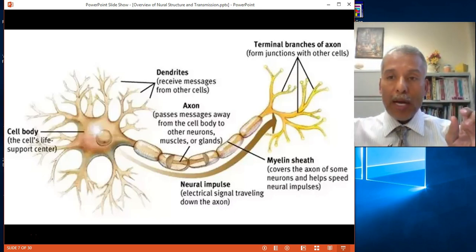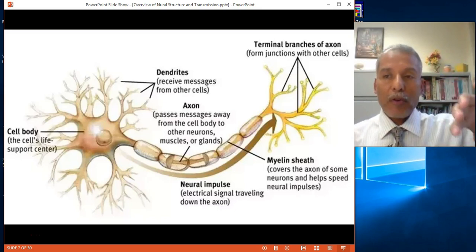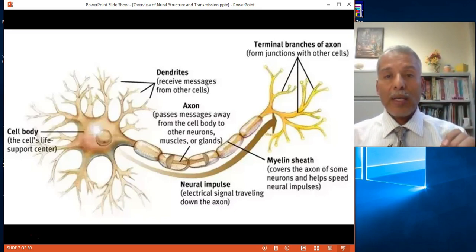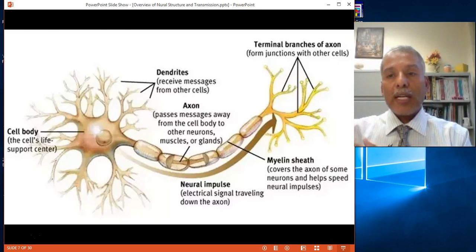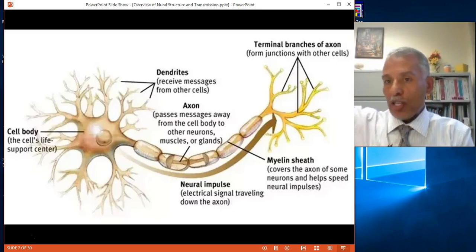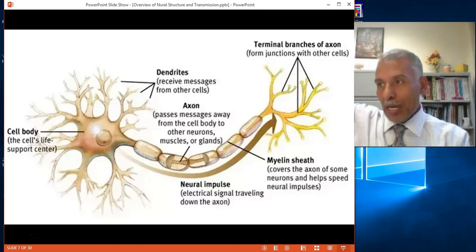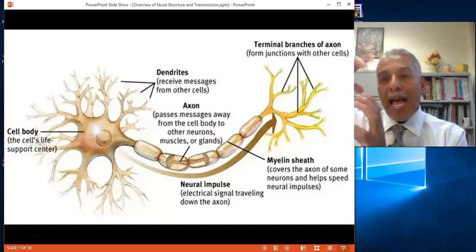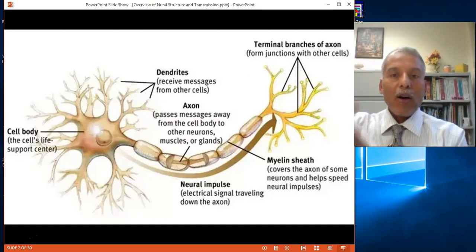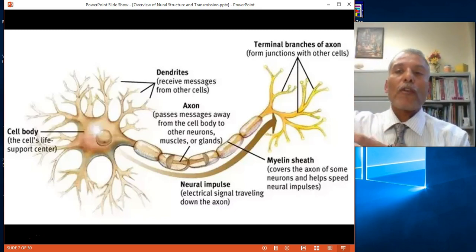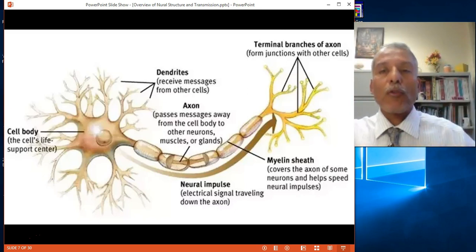However, one functions in the central nervous system, one functions in the peripheral nervous system. In addition, oligodendrocytes have different branches. They can myelinate more than one segment of the same neuron, and in addition to that, they also myelinate multiple, hundreds of other neurons.